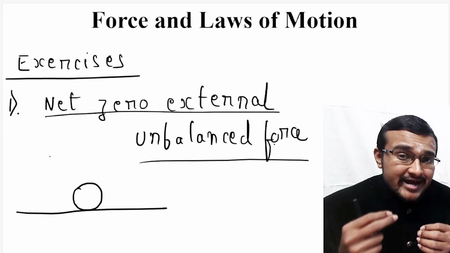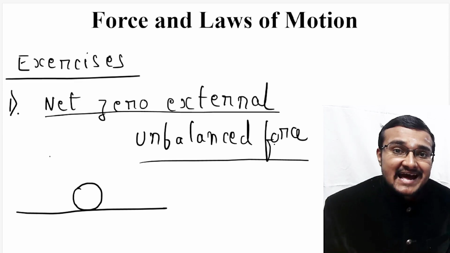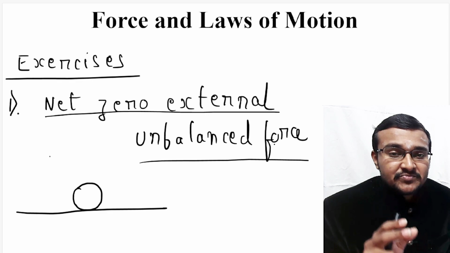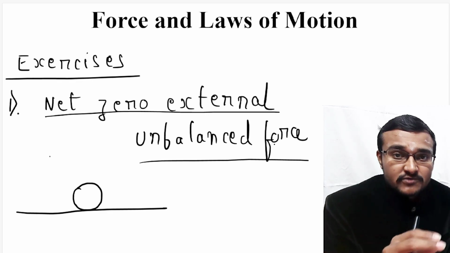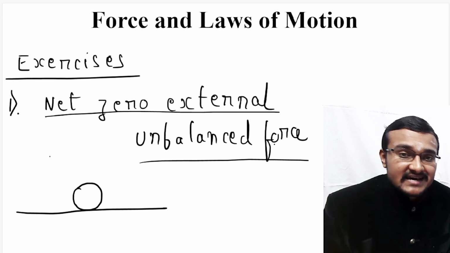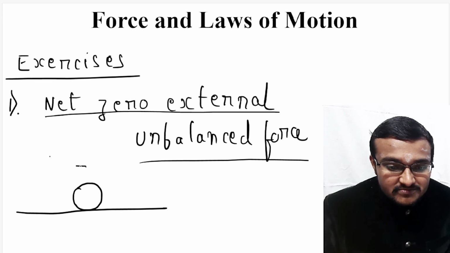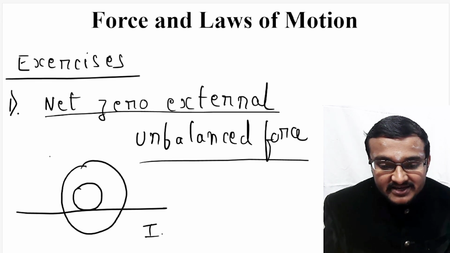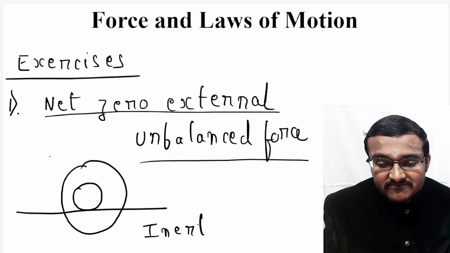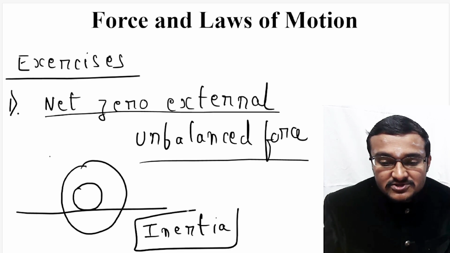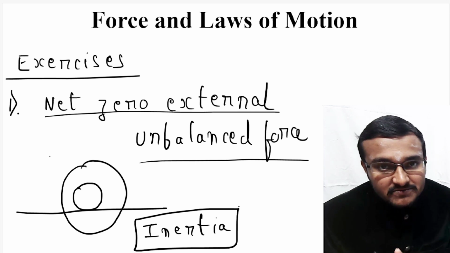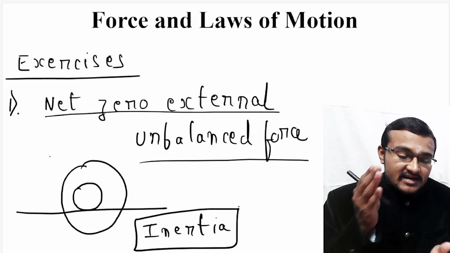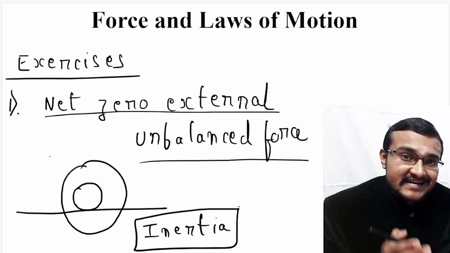So when the external unbalanced force acting upon this object is equal to zero, then this object will have inertia, because according to Newton's first law of motion, if there is no unbalanced external force acting upon an object, then the object will continue to remain in whatever state it is in.